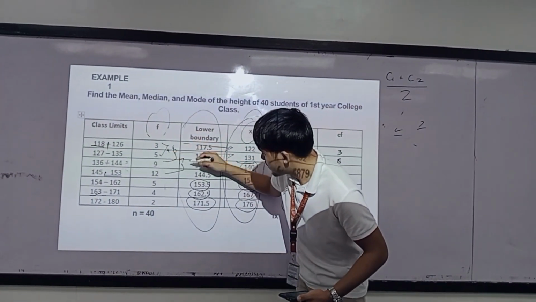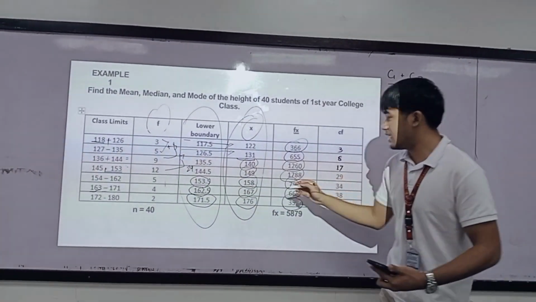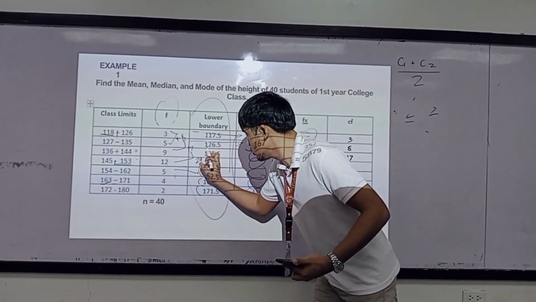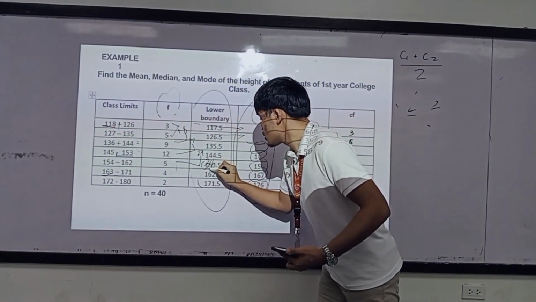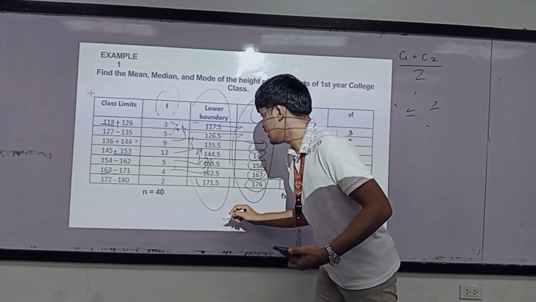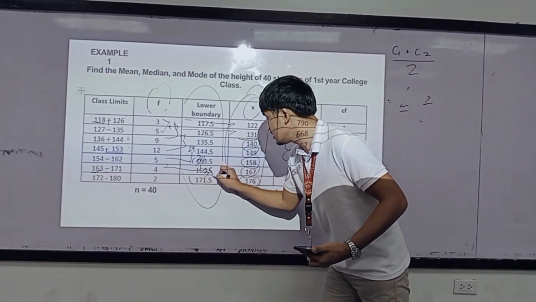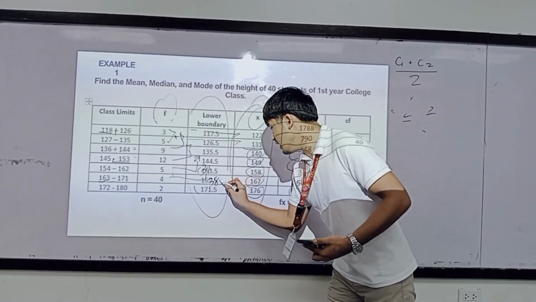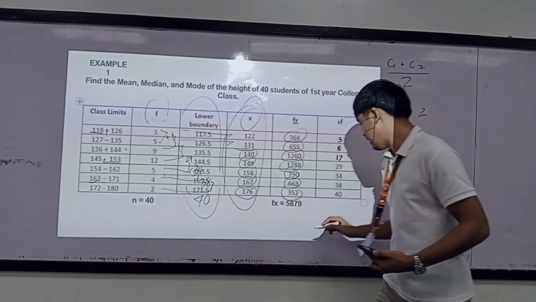And then after that, 17 plus 12 is equal to 29. So it is 29. And then 29 plus 5 is equal to 34. So 34 plus 4 is 38. So we put 38 in here. And 38 plus 2 is equal to 40.